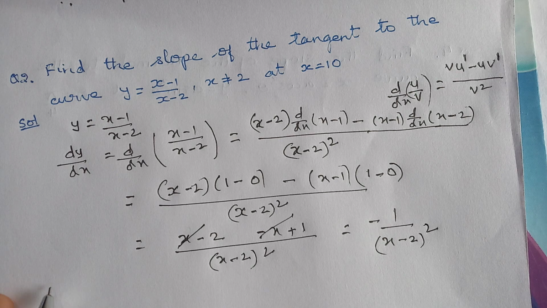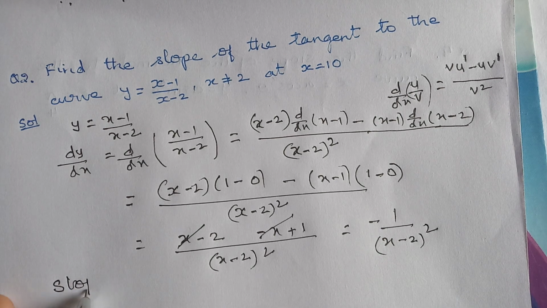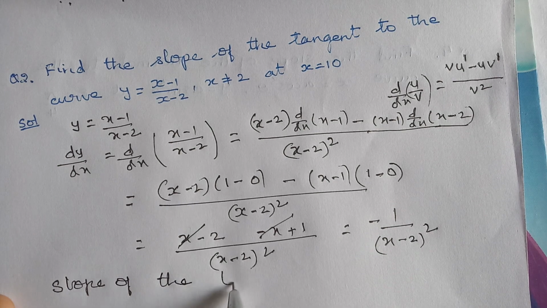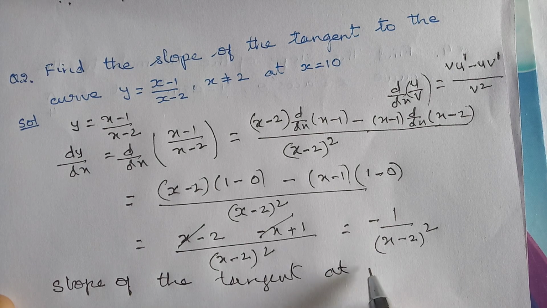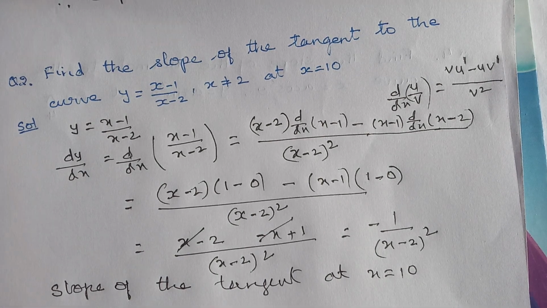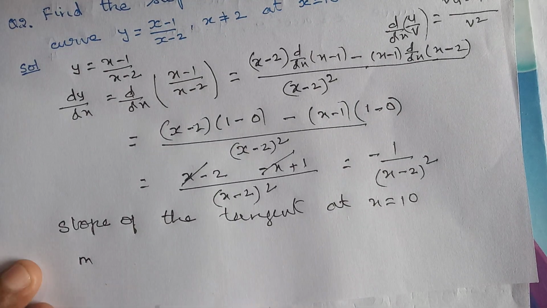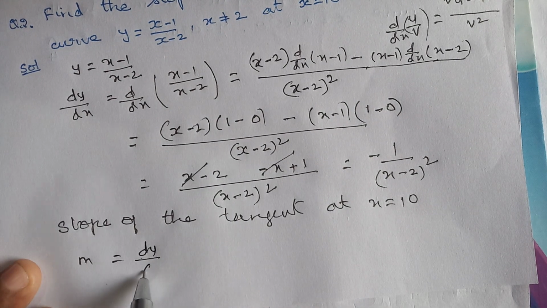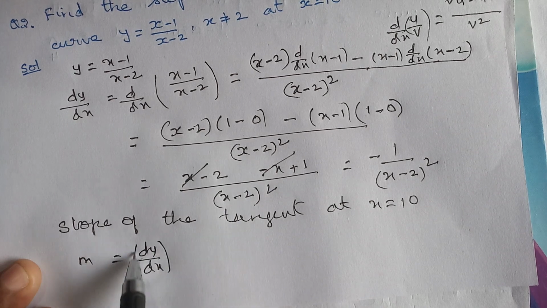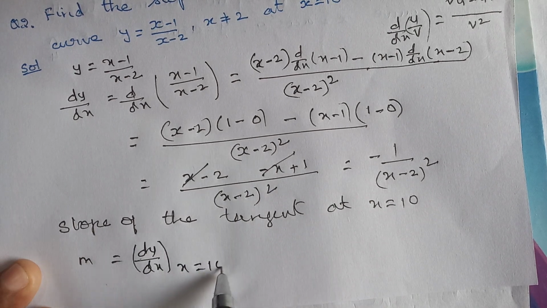Now you have to find the slope of the tangent at given x equal to 10, that is m equal to dy by dx at x equal to 10.